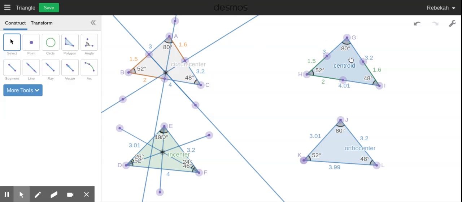We build the centroid by building medians, and to do a median we need the spot that divides the segment of a line, and then we're going to draw a line to the vertex. So we can use line segments again here just so that we don't go through all of the other triangles.